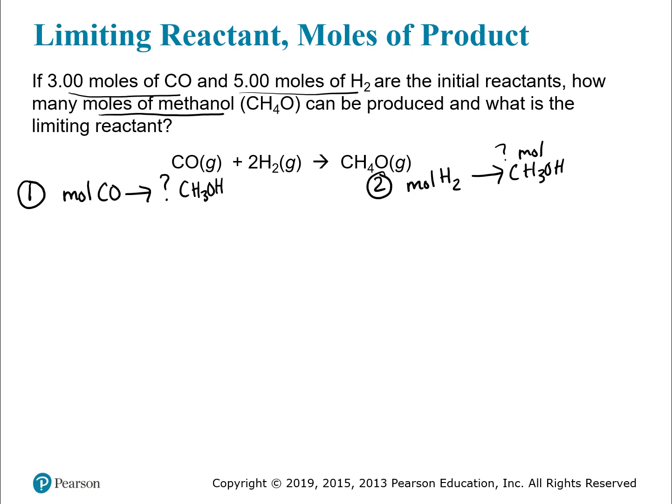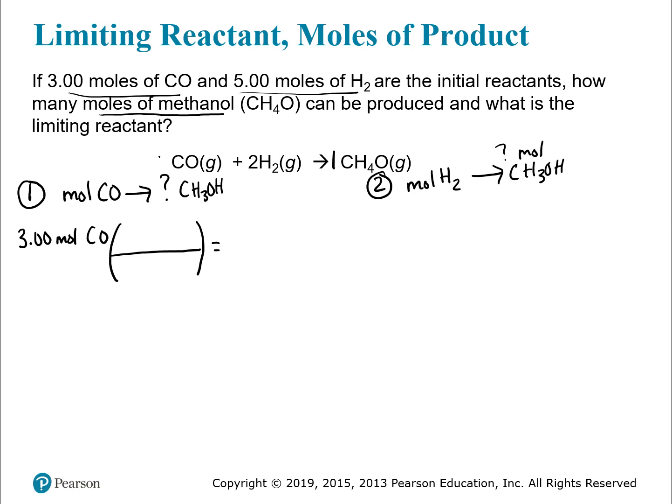For this first one, we're starting with 3 moles of carbon monoxide. We need a mole-mole ratio that's going to take us from moles of carbon monoxide to moles of methanol.